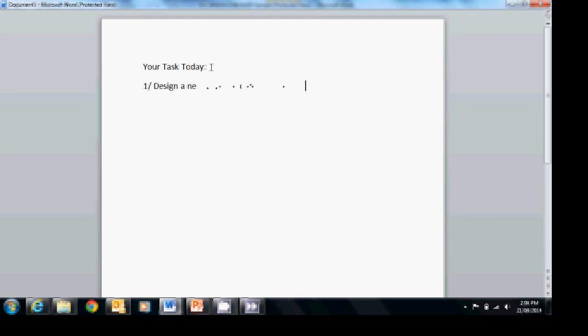Okay, design a newspaper ad that emphasises a. Okay, that's number one. That's your first task. Your second is.